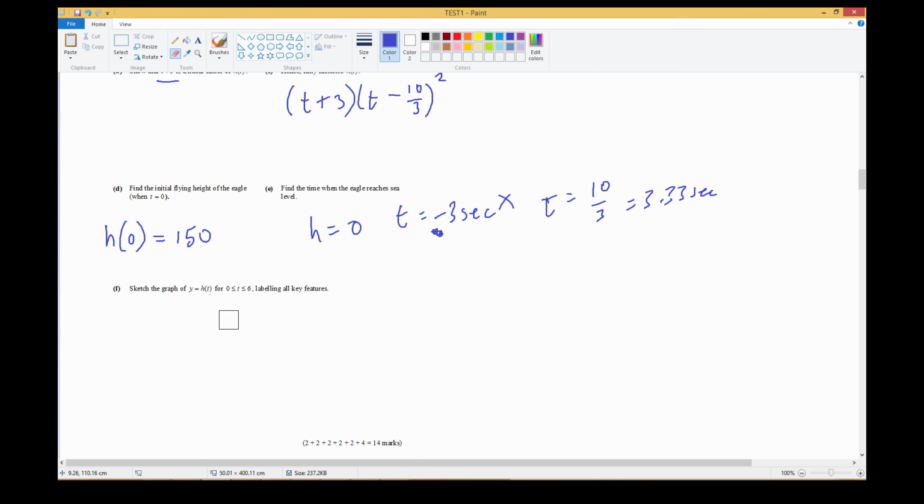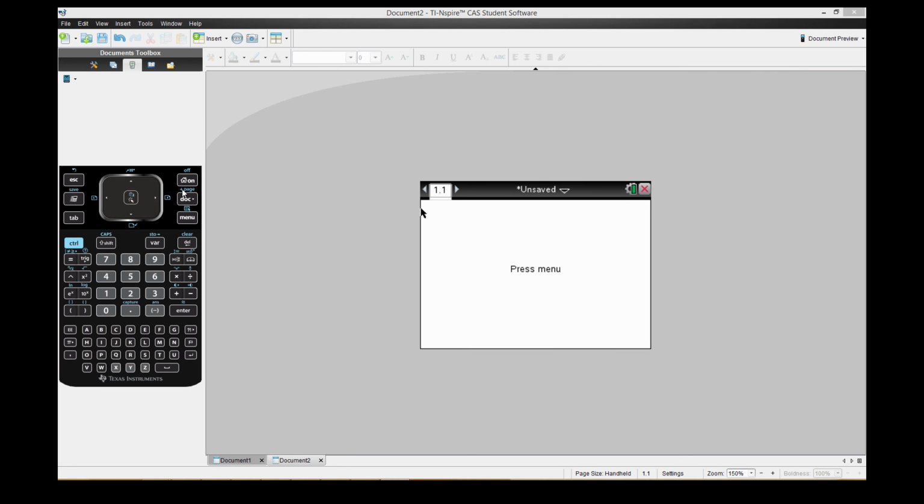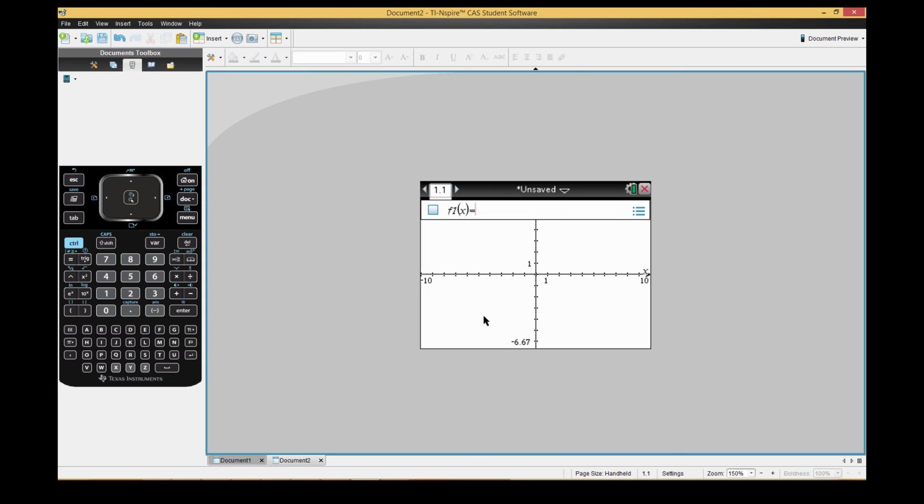So F is the last question here, and it wants us to sketch the graph between 0 and 6. Again, we'll use the graphics calculator to do that for us. So we'll draw this function using the calculator. We need to be good at using this calculator. It is a tool.